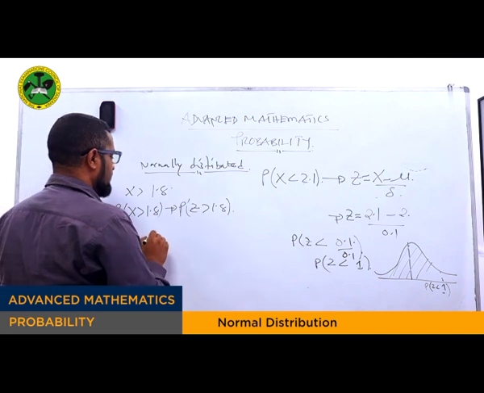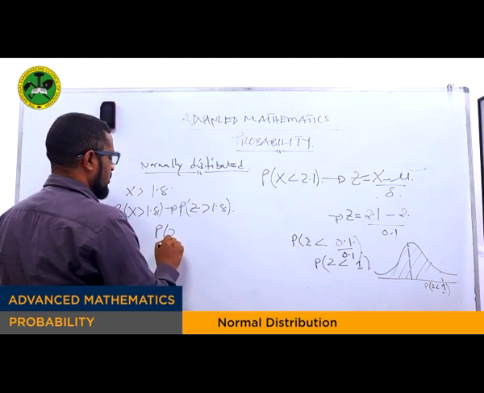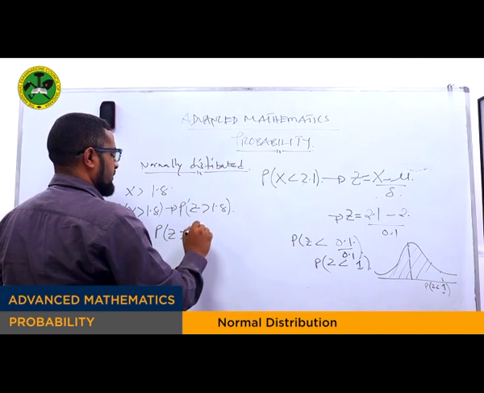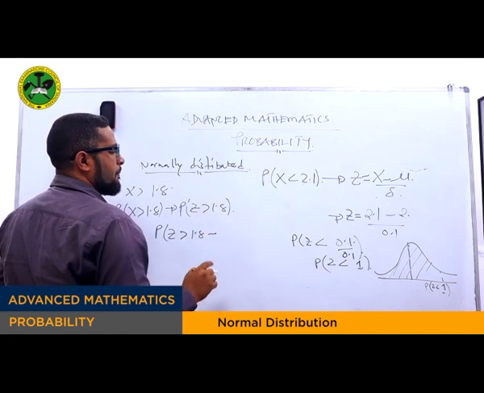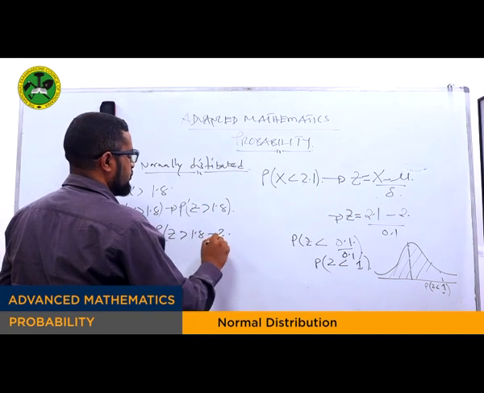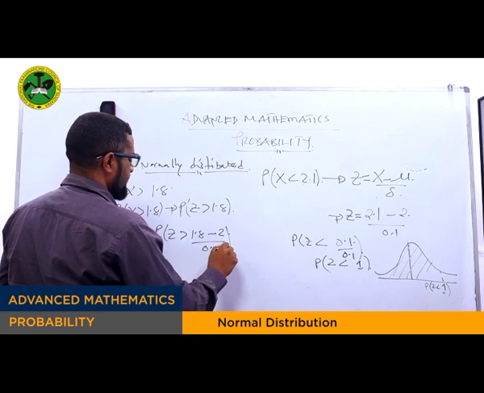So it is the same as writing the probability of z greater than x minus the mean, so 1.8 minus our mean, 2, divided by 0.1.